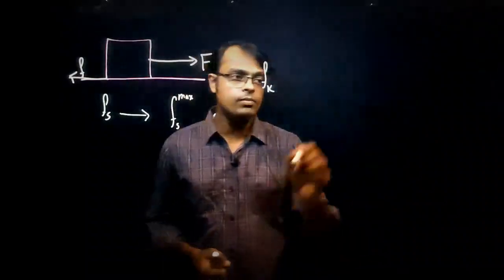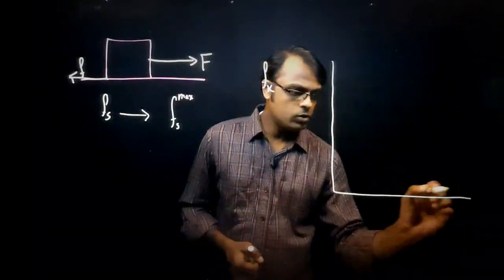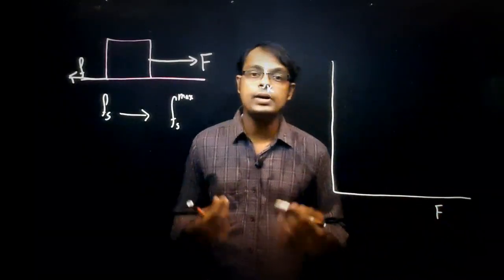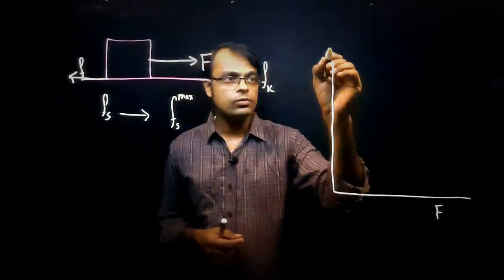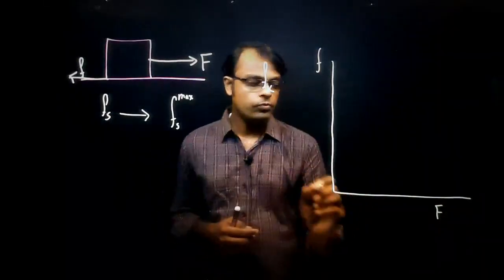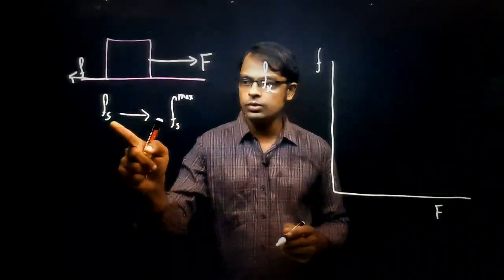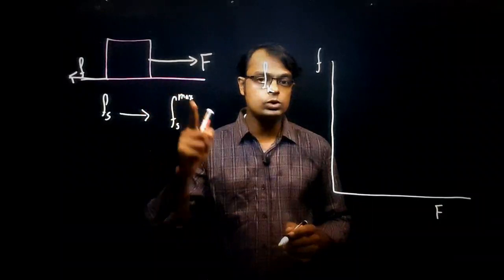So the same example if we draw with a graph, along the x-axis you take the applied force, along the y-axis you take the frictional force. Now when the applied force slowly increases, as we already learned, what will happen? The static friction also increases.